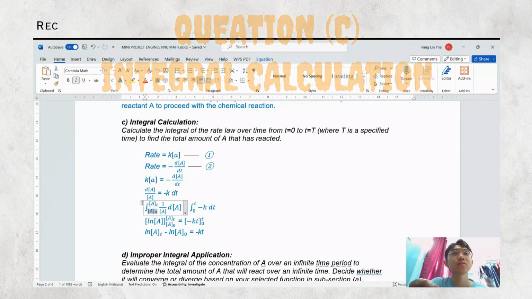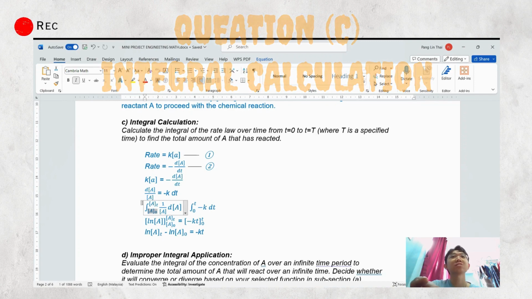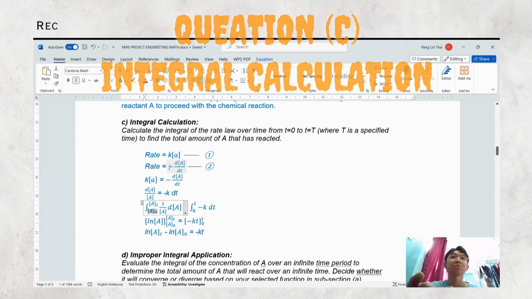Now we are going to substitute the limits. So the final answer will be ln AT minus ln A naught equals negative Kt, which is the final answer that indicates the integral of the rate law over time from t equals 0 to t equals t, where t is a specified time, to find the total amount of A that has reacted. That's all from me. Thank you.